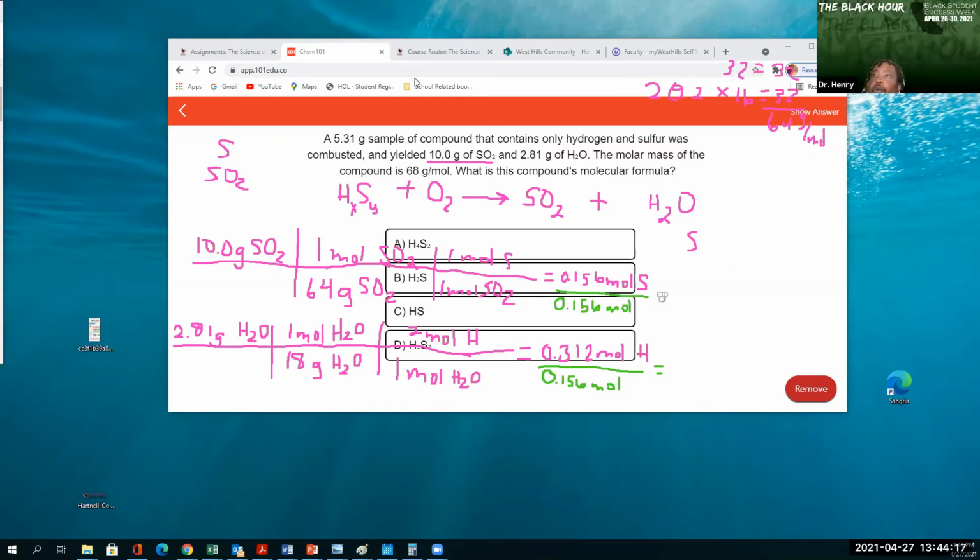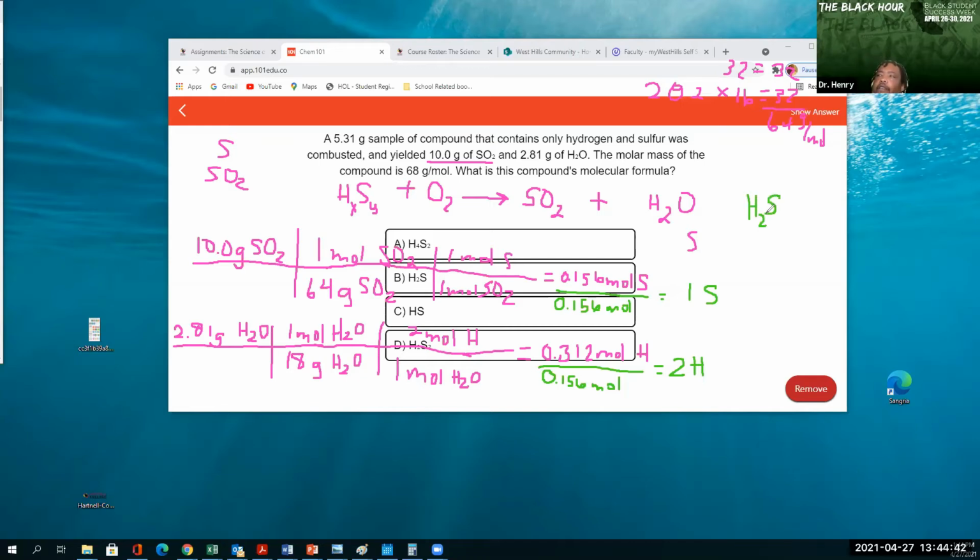Okay, so we get 1 S, and if I get my math right, 2 H's. So it should be H2S. So the empirical formula is going to be H2S.